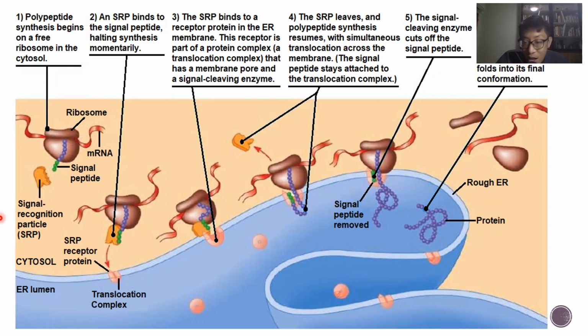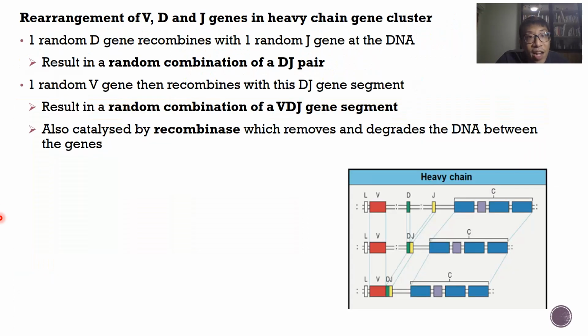Okay, all right. If that's okay, then we would move on to the heavy chain. The same thing happens, but for the heavy chain, we have this extra series of D genes. So in terms of this random combination of genes, or somatic recombination, it has one more step.